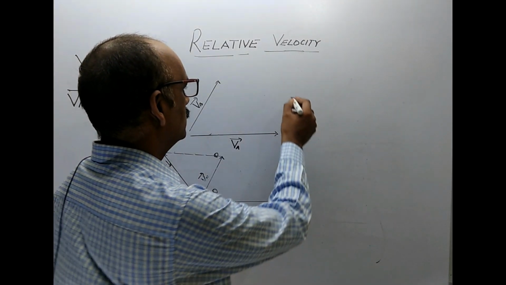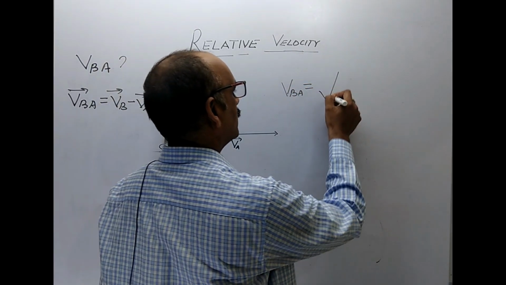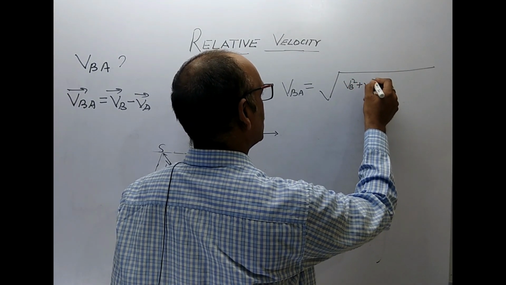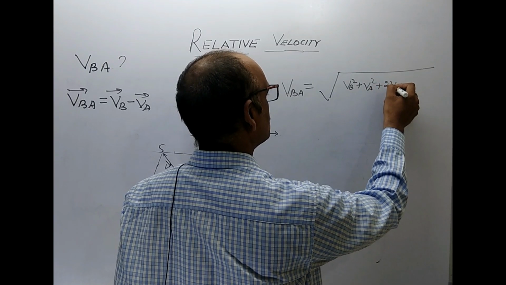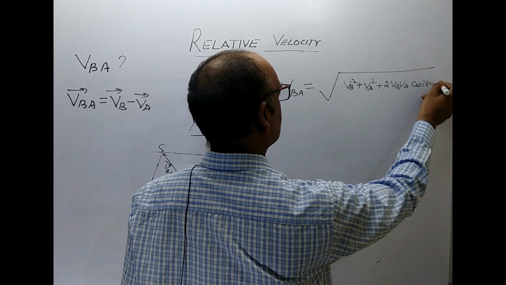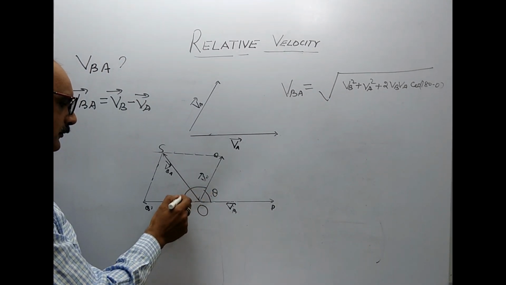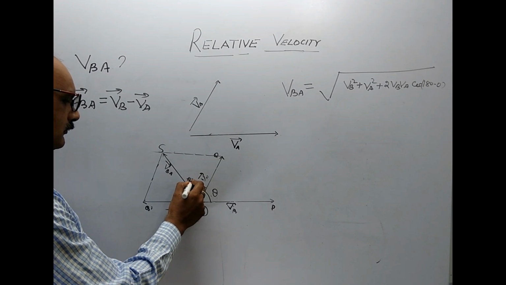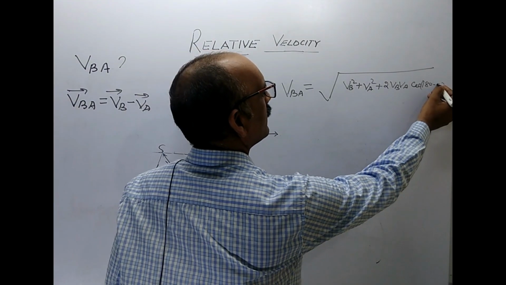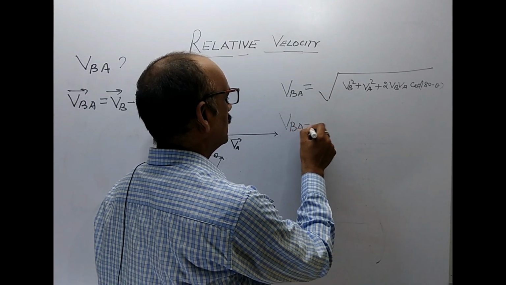Now VBA equals under root VB square plus VA square plus 2 VB VA cos 180 minus theta. This whole angle is 180 degrees, this is theta, so this will be 180 minus theta. Clear?